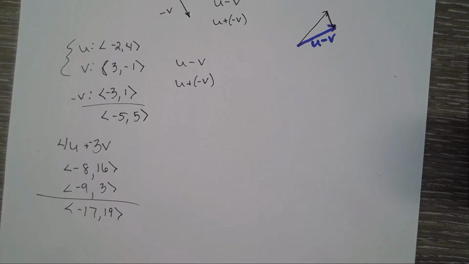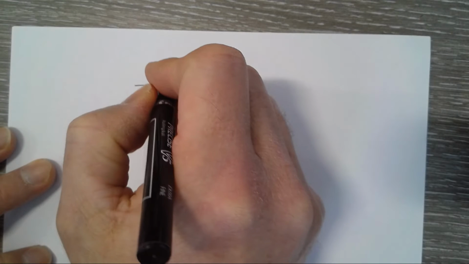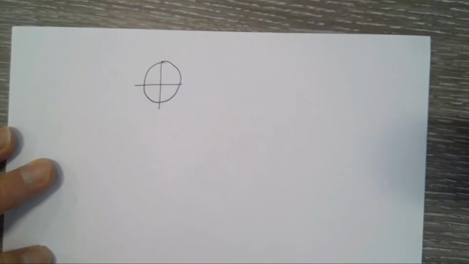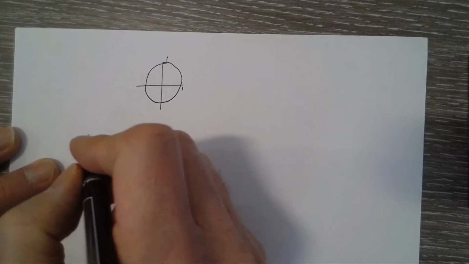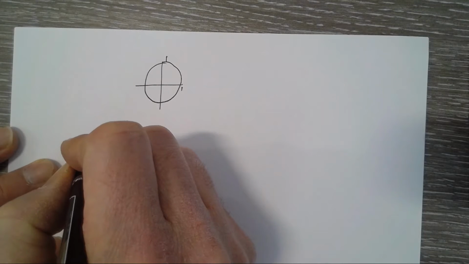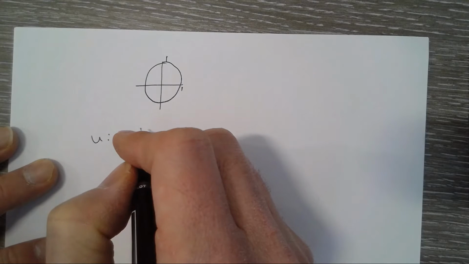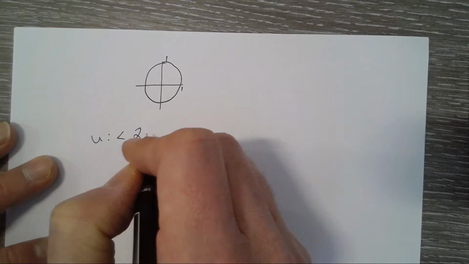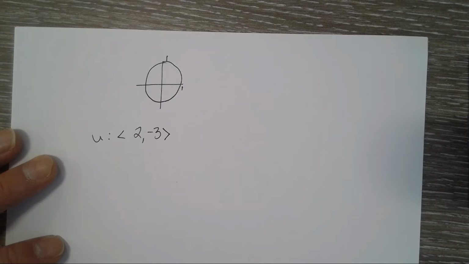Alright, so what about unit vectors? Anytime we talk about units, usually has to do with 1, like a unit circle has a radius of 1. A unit vector has a magnitude of 1. So let's say u was 2, negative 3, and I wanted to find the unit vector in that direction.